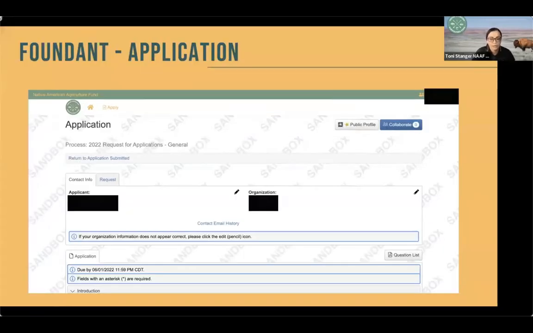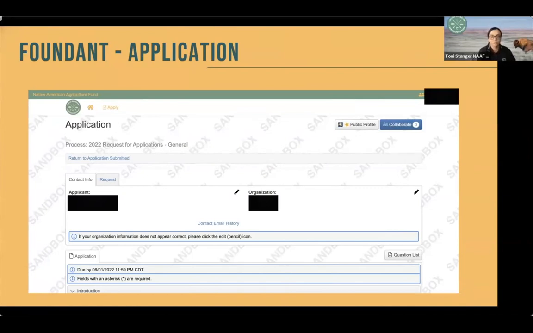Once you're in the application, after you click the entity type that you are, and then the types of additional funding that you want to apply for, that's the information that you'll see. If you are a tribe, you won't see the specific questions for a CDFI. So know that as you're moving through the process, it relates to the eligible entity type that you are applying as.